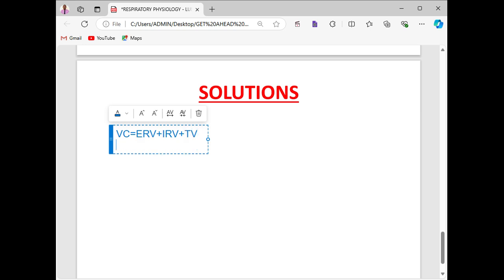Then IC equals IRV plus TV. Then FRC equals RV plus ERV. These are our formulas.